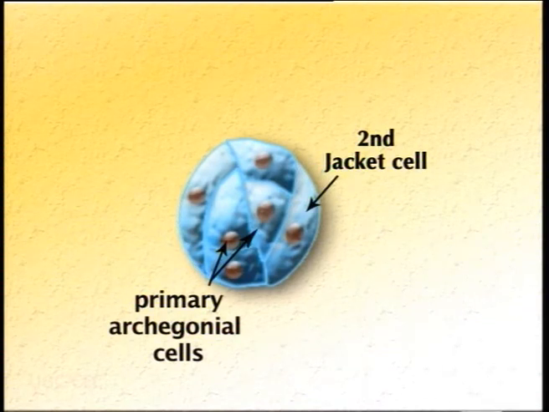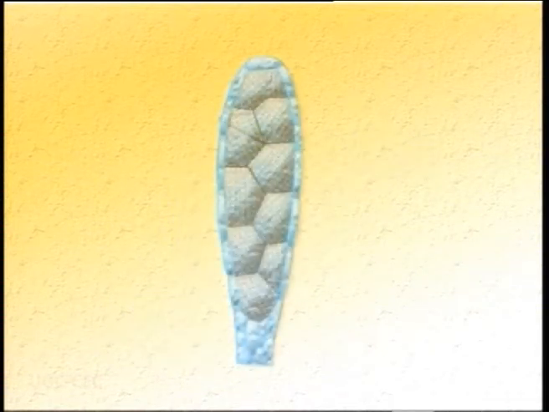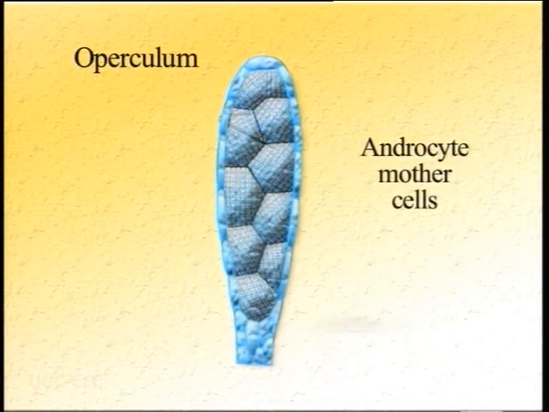Thus, each cell of the filament gives rise to two jacket initials and one primary archegonial cell. The jacket initials divide only anticlinally and form a single layered antheridial jacket. The apical cell of the filament forms operculum or cap region of the antheridial wall.